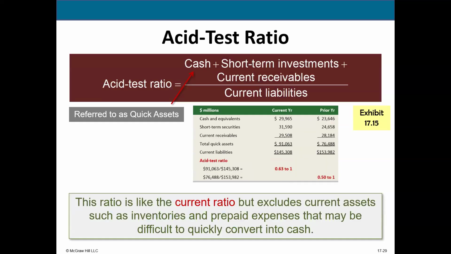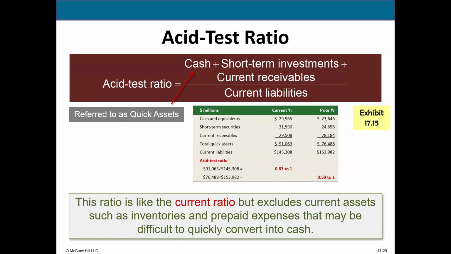The next up is the acid test ratio. The acid test ratio is also called the quick ratio. And this tells us a lot more about the company's ability to turn things into cash and how quickly they can do that.